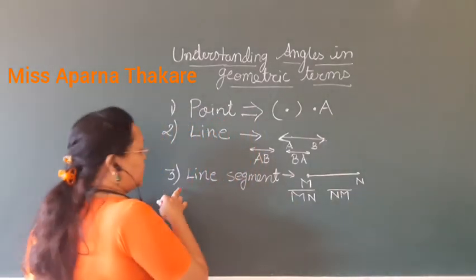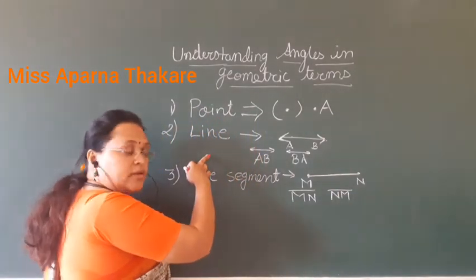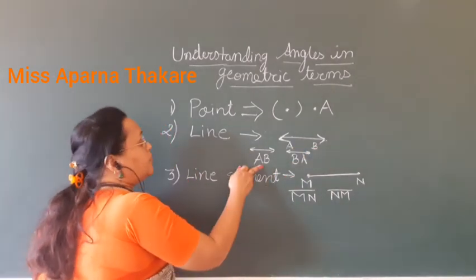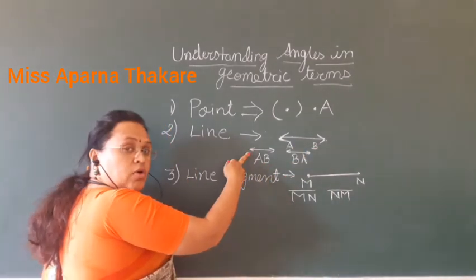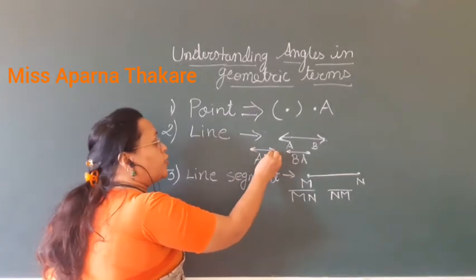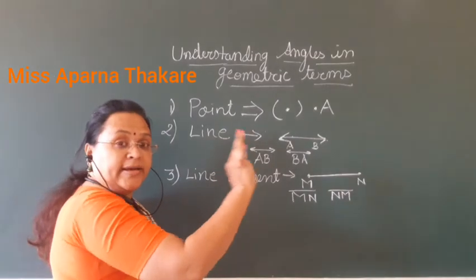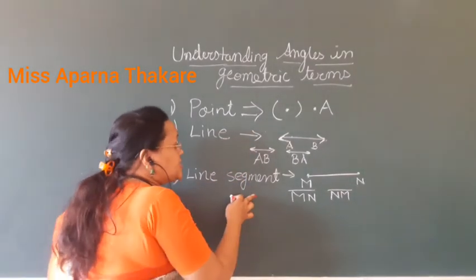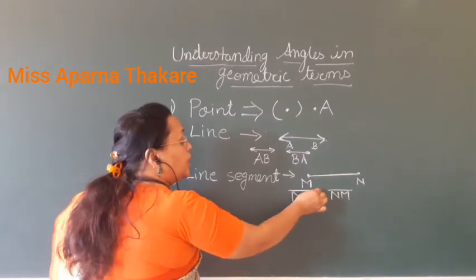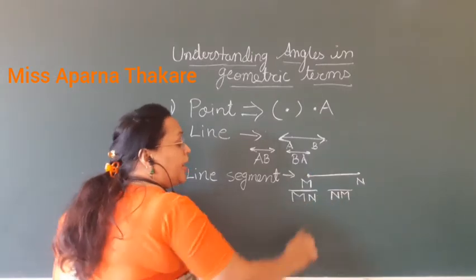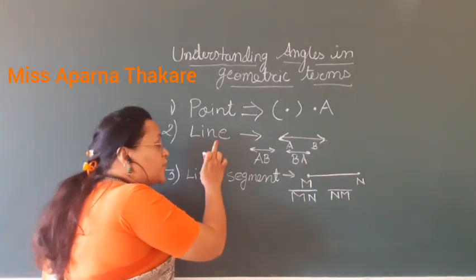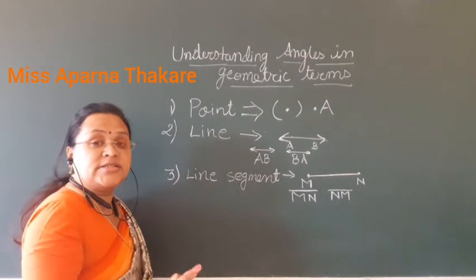See here, this is a line, and on a line we can put the arrow. For the line AB, we put arrows on top because it is an endless line. But for a line segment we write MN, and only the end points are given. Both have end points. This is the difference between a line and a line segment.